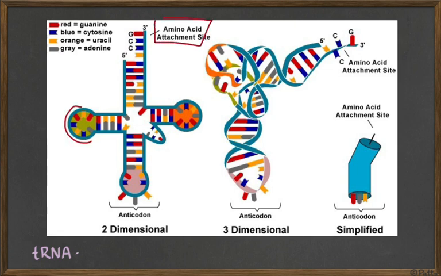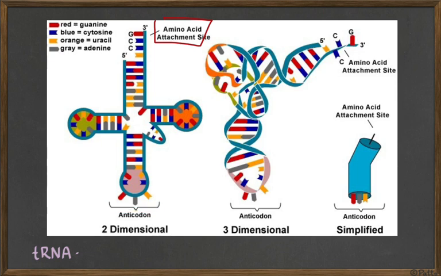You have these places here that help it to fit into the A site and the P site. And in the bottom, we have a very important piece, which is the anticodon. These are 3 letters which are complementary to the messenger RNA, the opposite of the code that we saw previously in that table. The anticodon allows the tRNA to fit exactly to the complementary 3 letters of the codon in the messenger RNA.